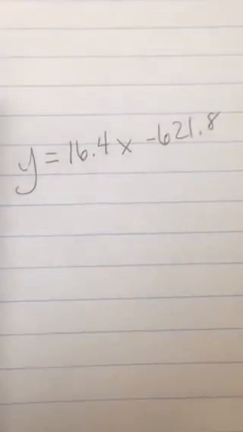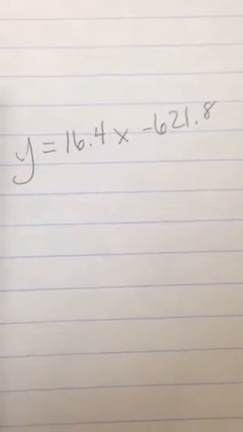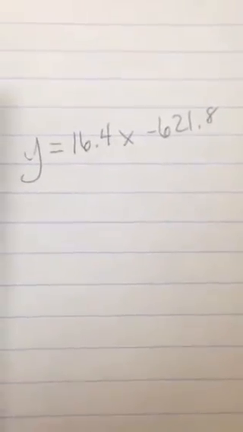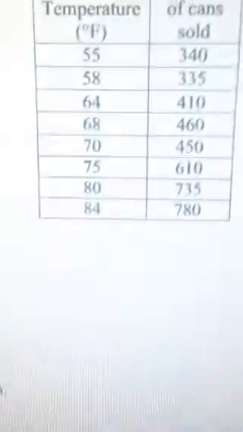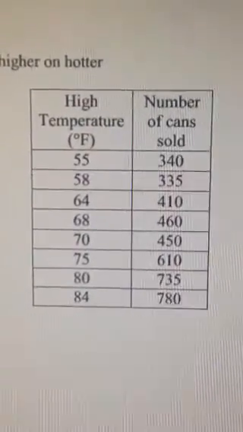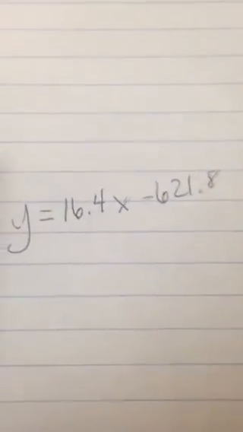Okay? Now they want me to use that model to predict soft drink sales if the temperature is 95 degrees. So if you'll remember from our data, the temperature is your X, the number of cans sold is your Y. So I want to use this equation, but let X be 95.